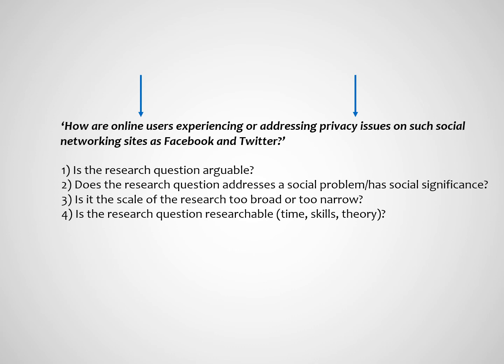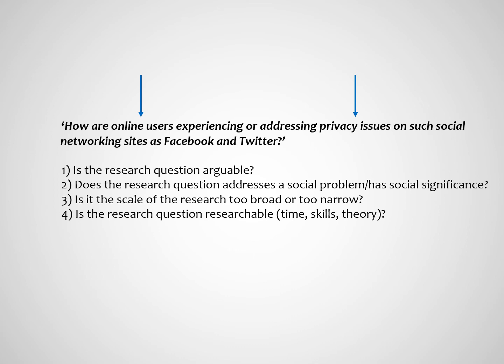Now, these 2 arrows that you see in blue, in fact, they are pointing to the 2 variables or things, if you like, that are connected through the research question. If you go a slide back, you will see that I mentioned that in a research question, you will always find a relation between 2 variables that are connected in the problem that we are raising in the question.